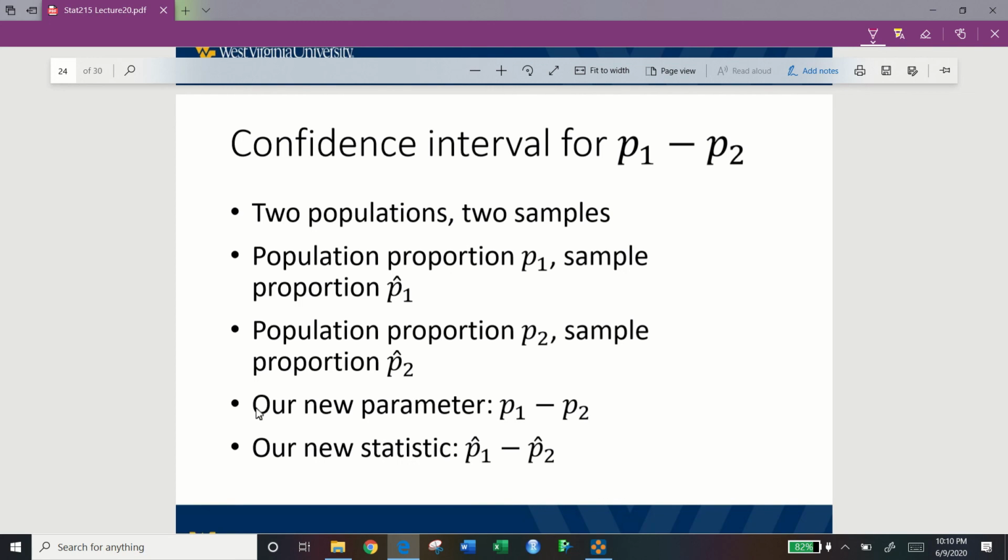We'll have two populations, two samples. We'll have our population proportion p1 and our sample proportion p1 hat. We will have our population proportion p2 and our sample proportion p2 hat. Our new parameter of interest is p1 minus p2, which implies our new statistic will be p1 hat minus p2 hat.